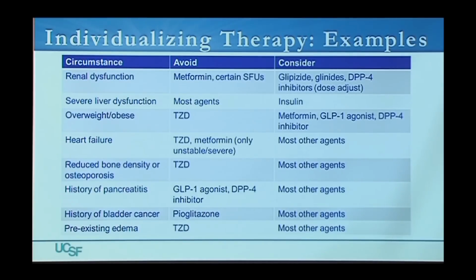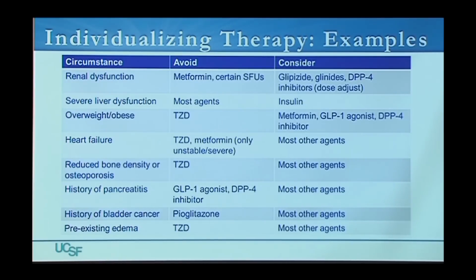But as I highlighted at the beginning, treatment of diabetes is very individualized. So there may be a reason why you cannot take a particular medicine. Some of these are highlighted here. So as I said, if you have kidney problems, or more severe kidney problems, we cannot use metformin.